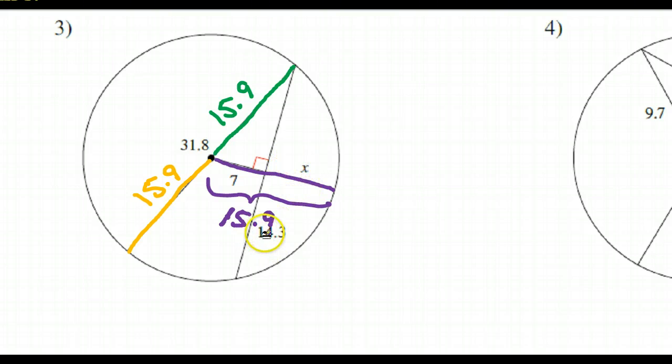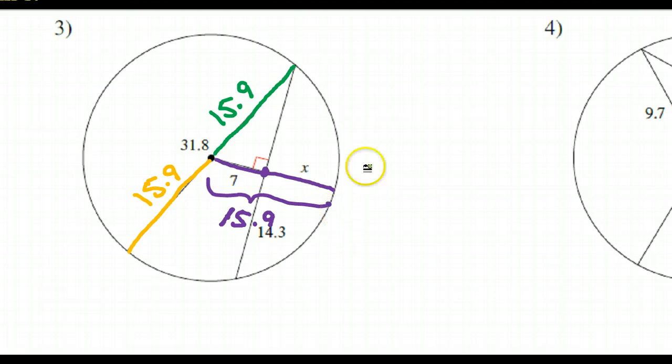So guess what? We don't really need this 14.3. That's just there to distract you. You can just ignore that. All we really need is the fact that this is 15.9 and this part right here is 7. So if I want to find the other part, I can just subtract, because it sort of splits here.